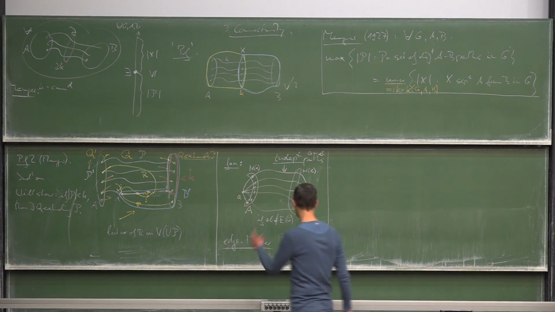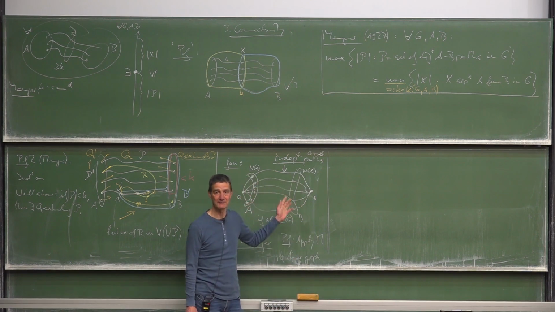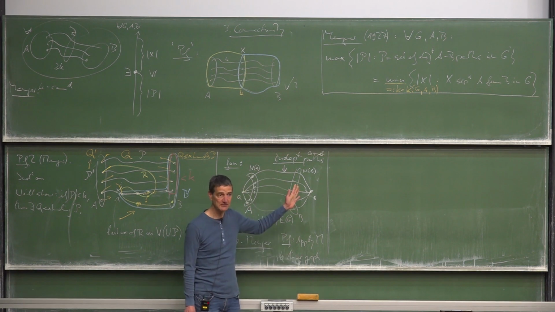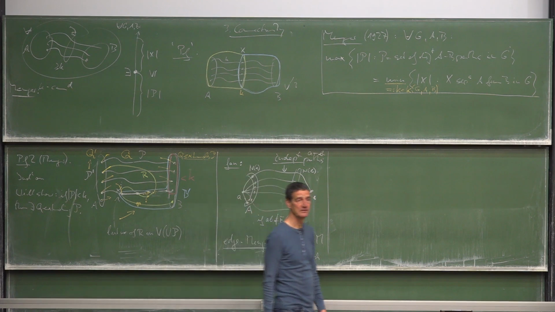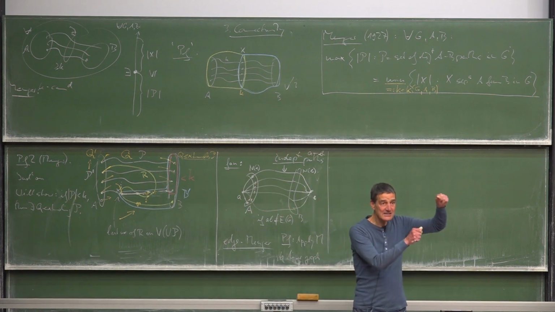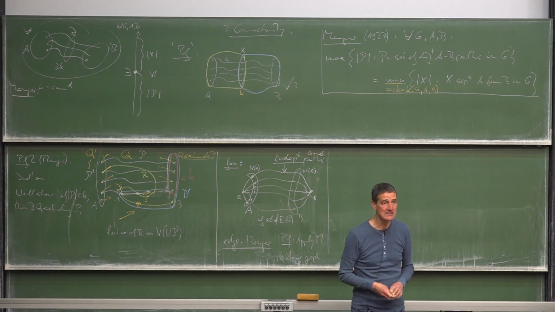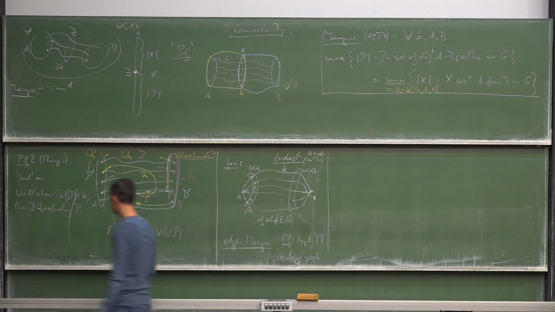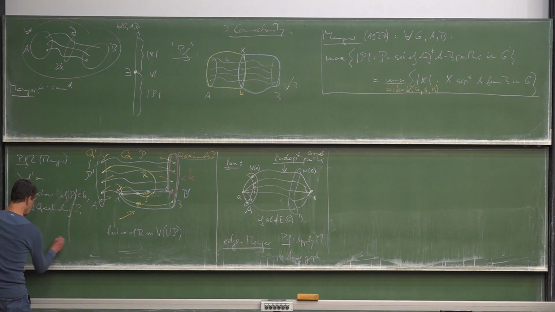So a line graph is a graph on the edge set of the given graph. So the vertices of this line graph are the edges of your graph, and adjacency is the same. So two of those edges are adjacent as vertices of the line graph whenever they're adjacent as edges in the original graph. So if the original graph has, like, these edges somewhere, then in the line graph these three edges are adjacent.